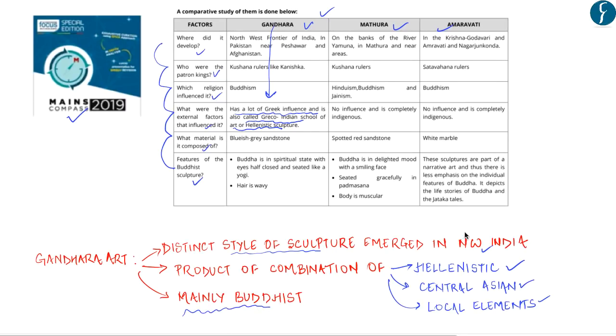Now, UPSC in 2019 has asked to delineate or differentiate Hellenistic or Indo-Greek or Greco-Bactrian, they are the same terms, features in Gandhar art as well as Central Asian features in the Gandhar art. So first we will understand from where Indo-Greek and Central Asian features emerged in the local art form to produce Gandhar art.